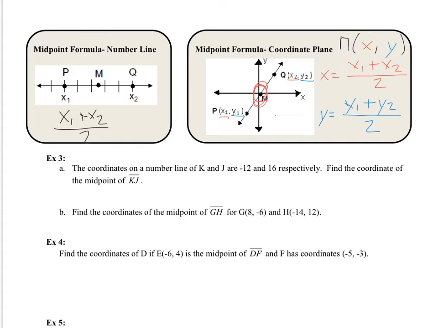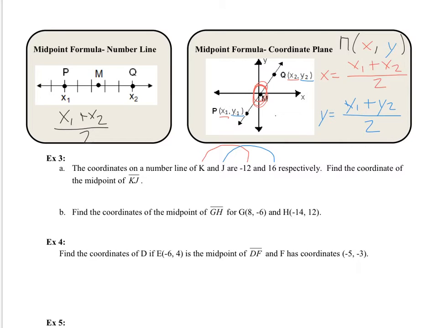Now, when it says respectively, it means that -12 maps to point K and 16 maps to J. So when we are doing anything later on this semester, we need to make sure that when it says respectively, they go in the same order.